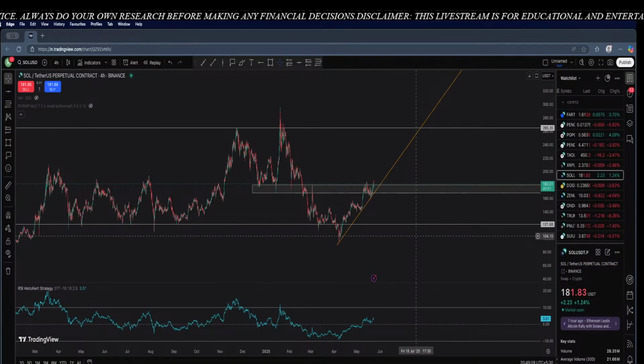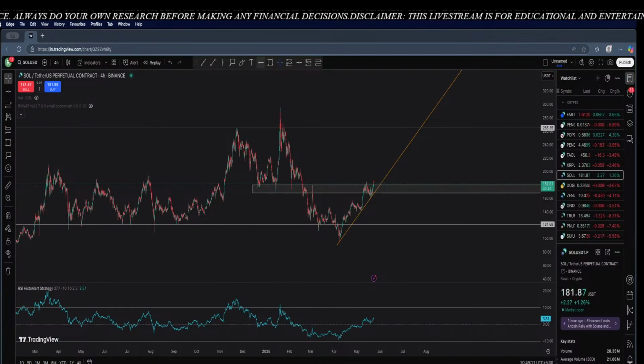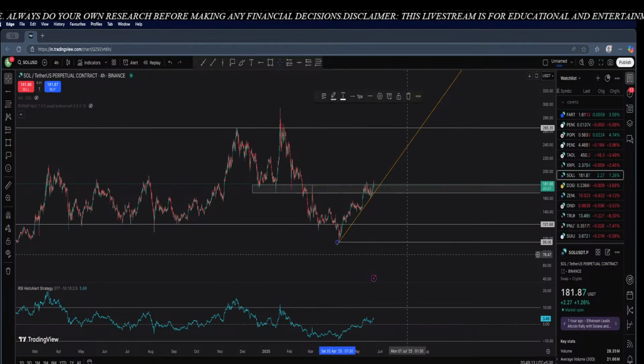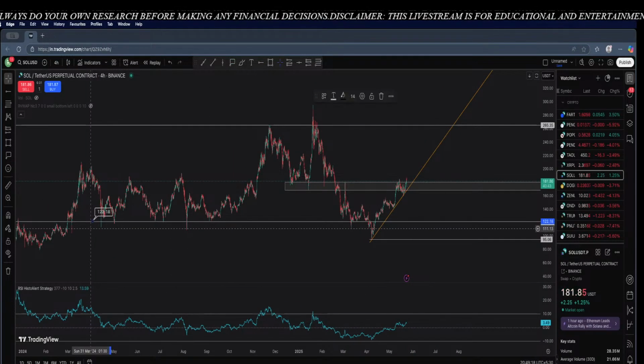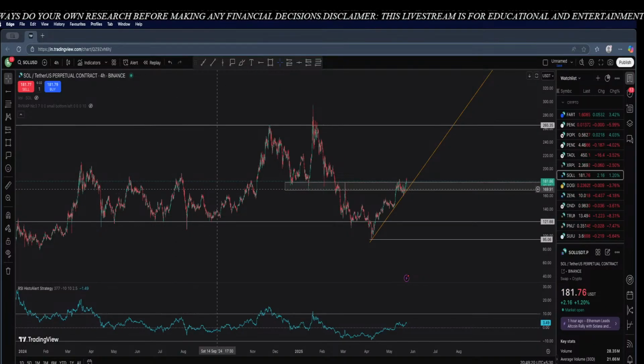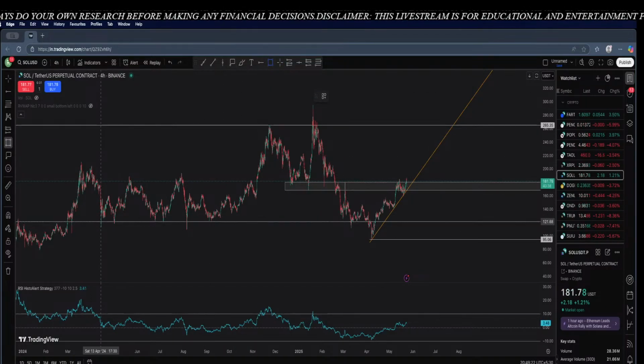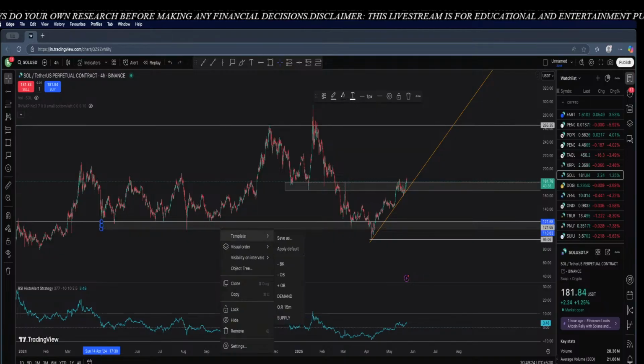All right. And this was the low right here. This is also going to be a zone. So let me do something like this. This is going to be a demand zone.